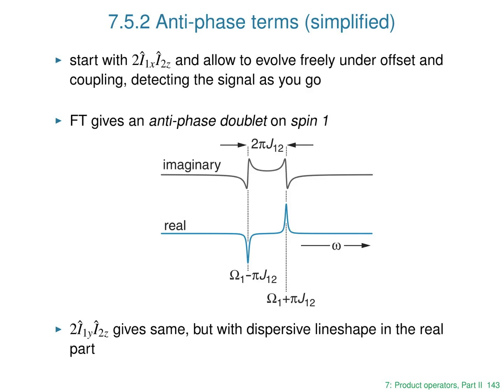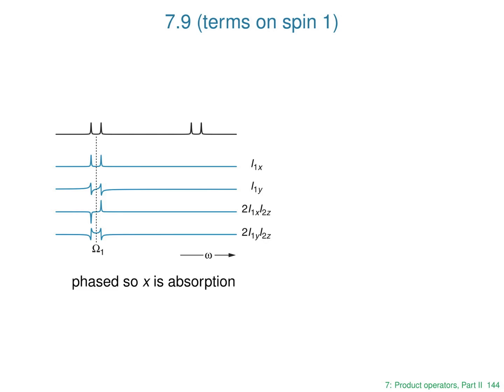And again, if you look at the corresponding term 2I1y I2z, then it's the same thing. The two lines are in antiphase, but it'll be 90 degrees shifted in phase. So these terms are called antiphase because when you observe them, the two lines of the doublet have the opposite sign.